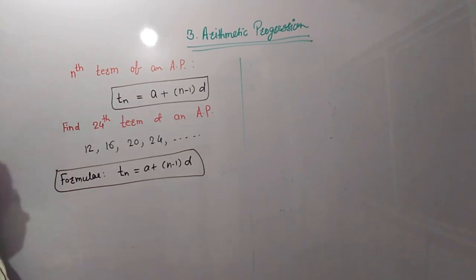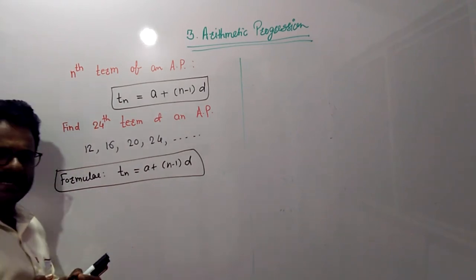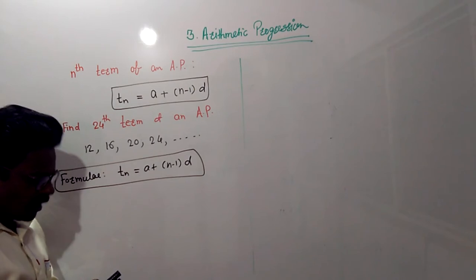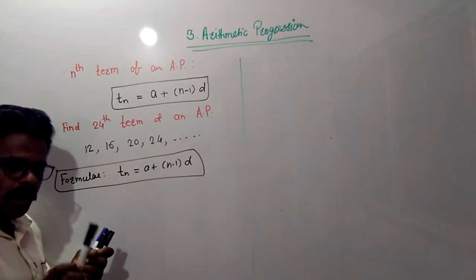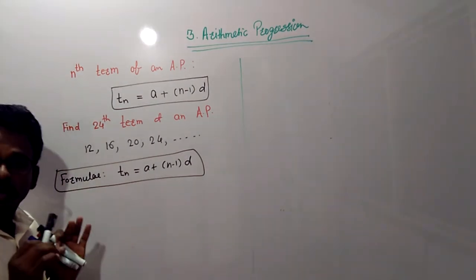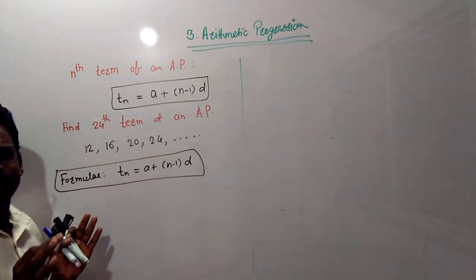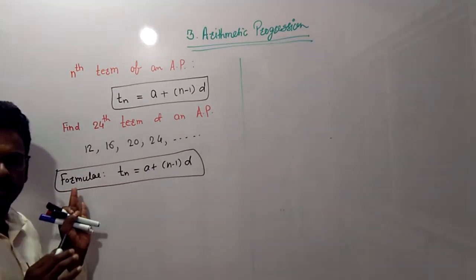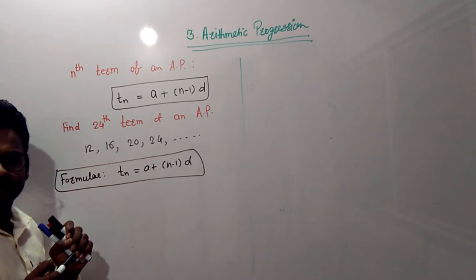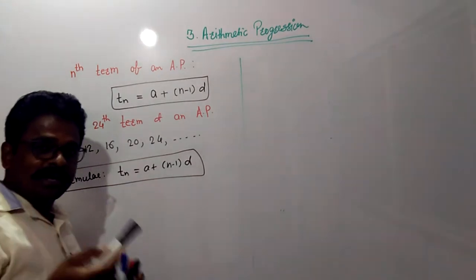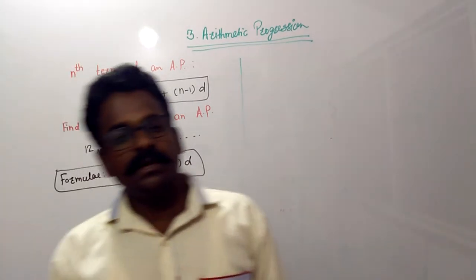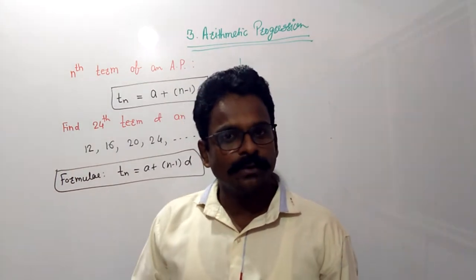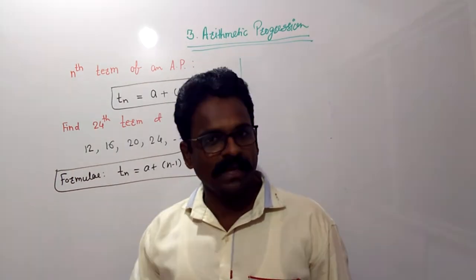Just check whether all these values are with you or not. If all the values are with you, then you can easily substitute them in this formula. If one of the values is not available, then you need to find out that value which is required but not available.